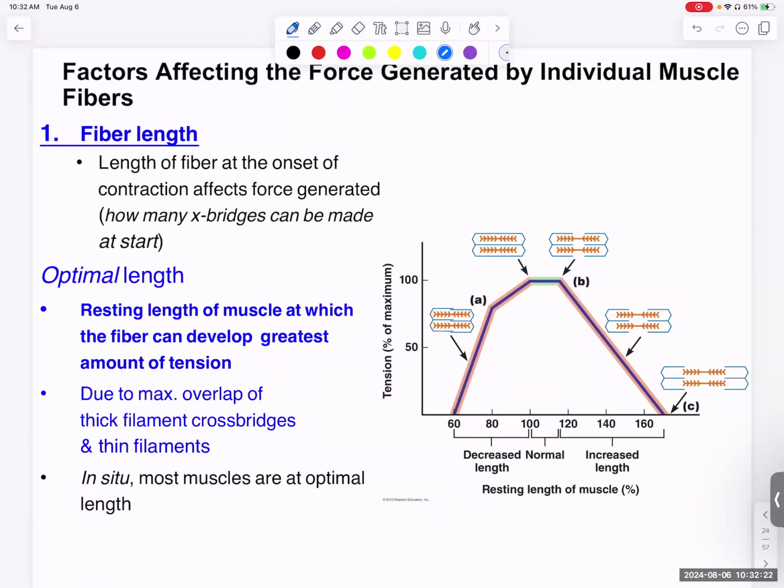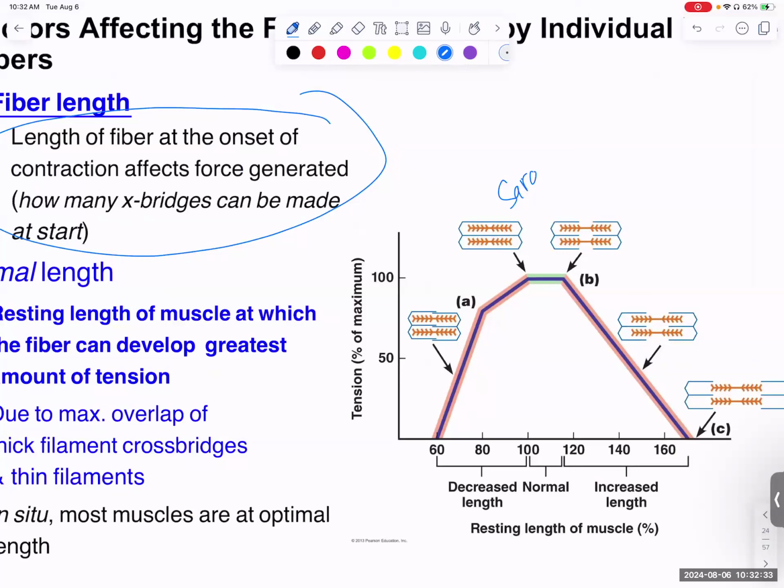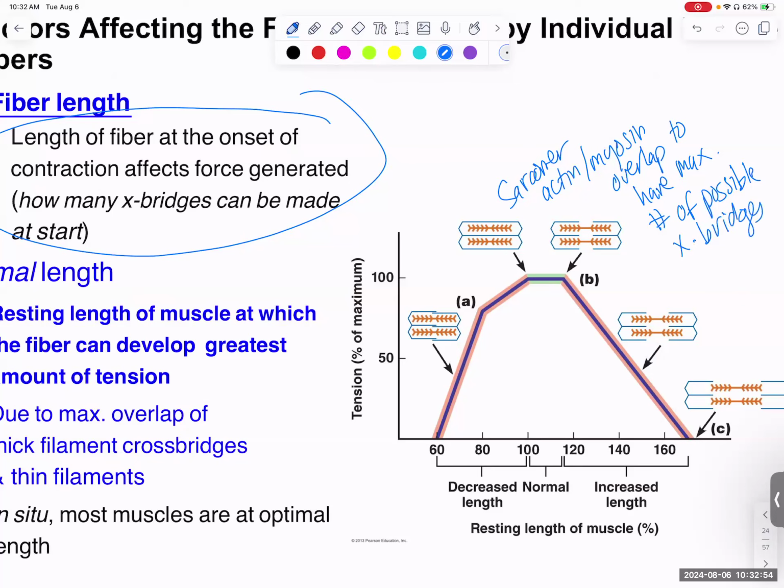Fiber length matters. If we want to get max cross bridges, we have to have an optimal length of overlap. So this is the sarcomere, actin, myosin overlap to have the max number of possible cross bridges formed.